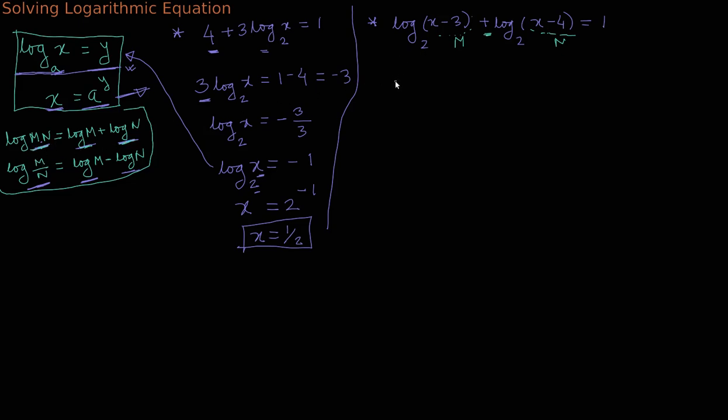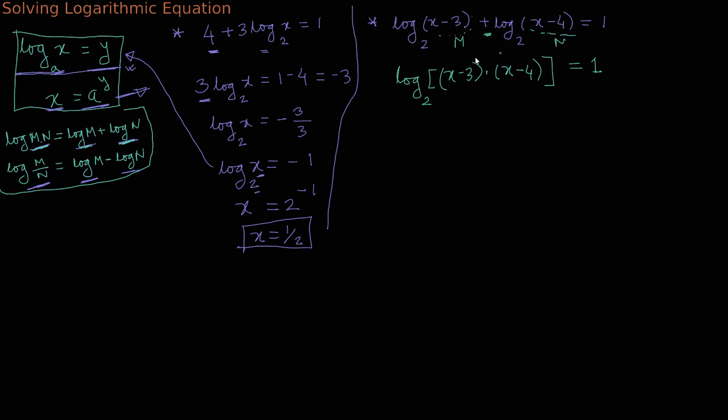So I can write logarithm of m, where m is x minus 3, multiplied by n, which is x minus 4, equal to 1, and my base is 2. So this is my logarithmic expression.